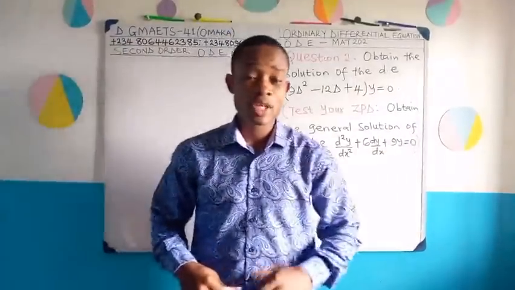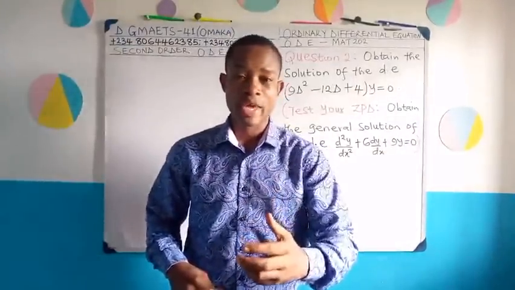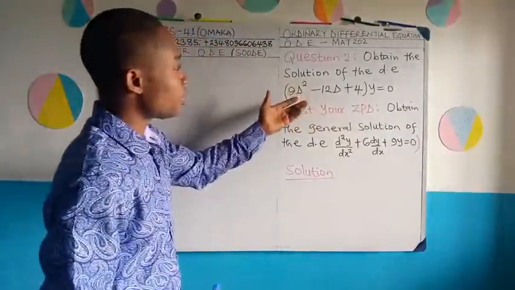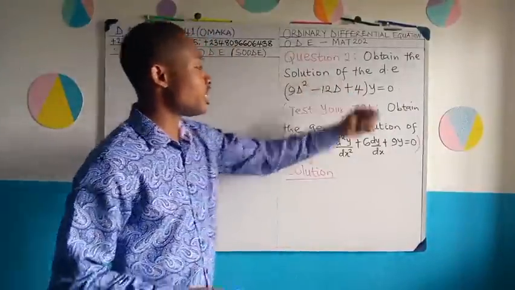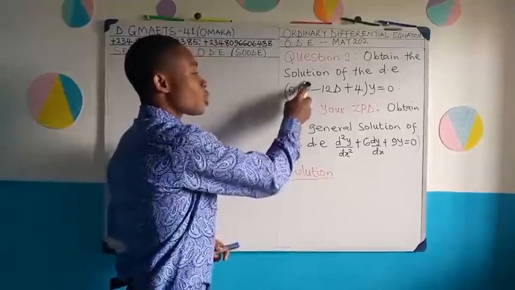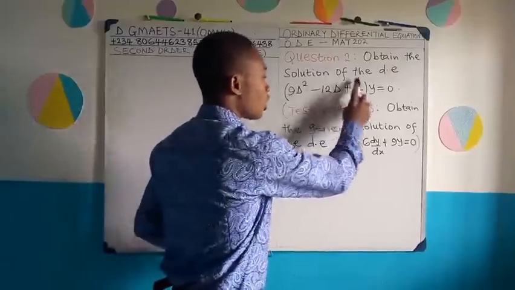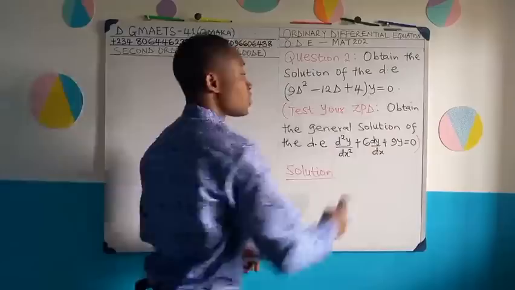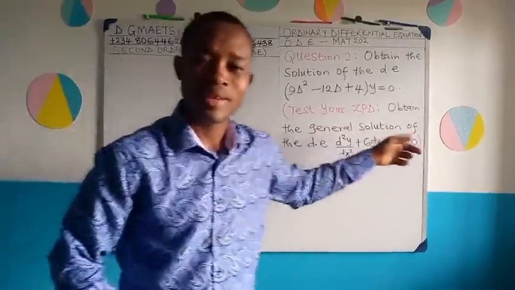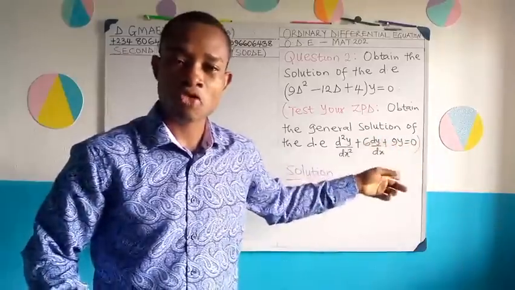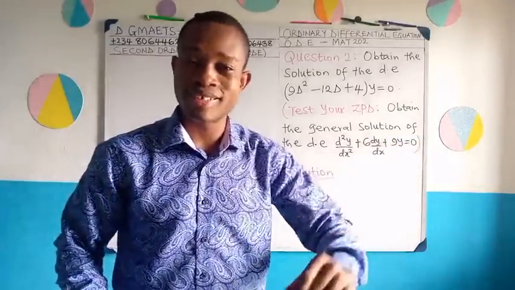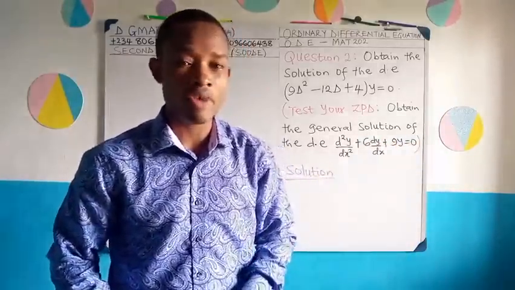In this video, we're not going to take our second question, okay? The question we have on the board here: obtain the solution of the O.D.E. (9D squared minus 12D plus 4) y equals 0. What does this mean? This is another form of presenting the derivative of a variable.